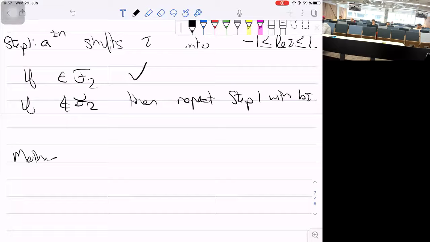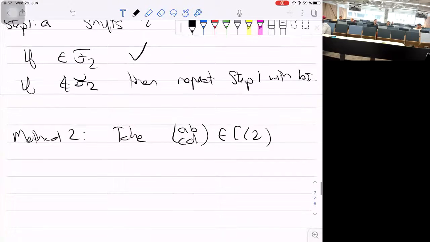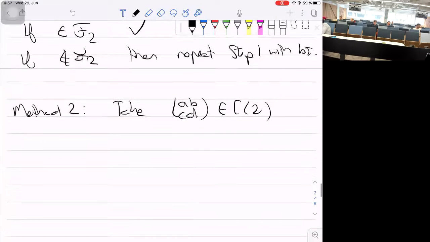Method 2 would instead be to explicitly take any matrix you like in this group, and use these generators in a clever way to reduce some norm of the matrix until eventually you get down to the identity matrix.